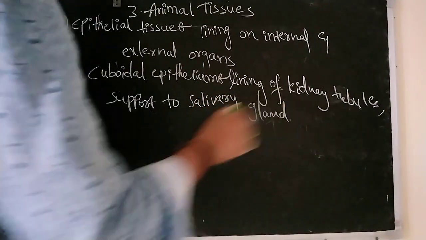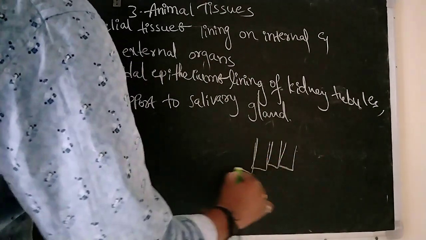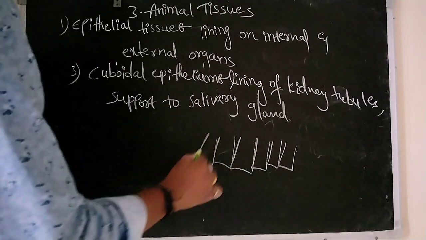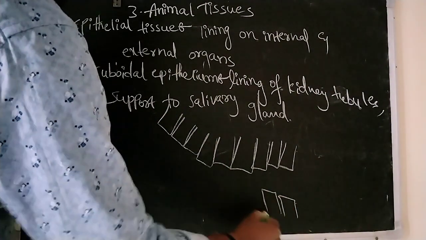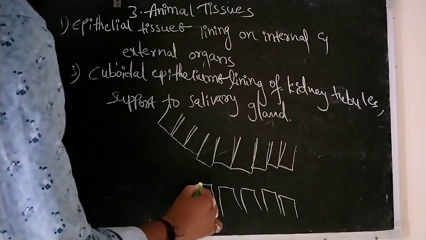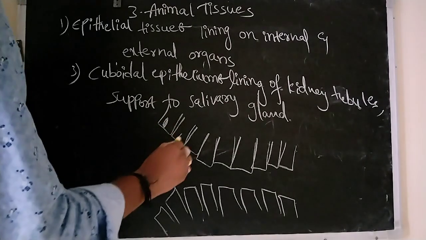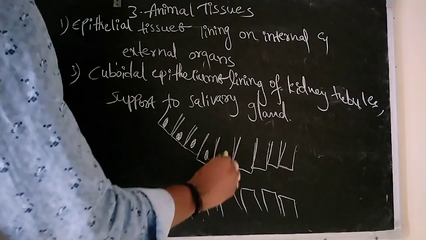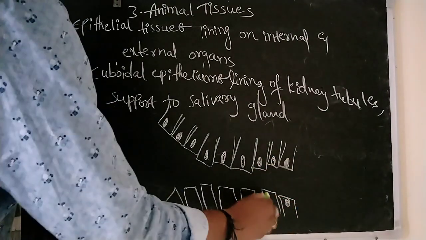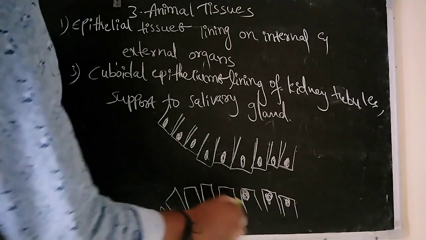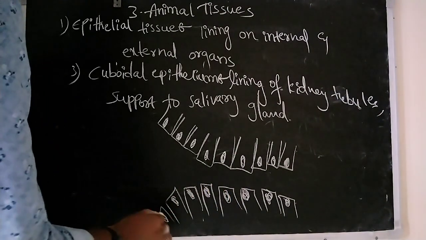The arrangement of cells in cuboidal epithelium looks like this, forming a lining of kidney tubules and support to salivary glands.